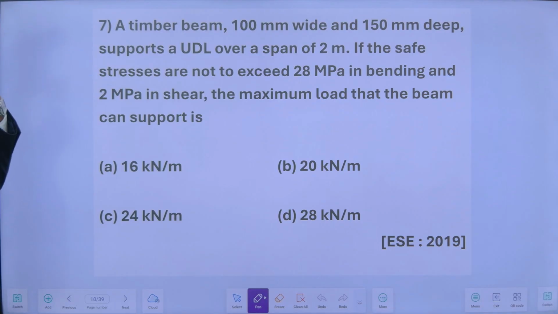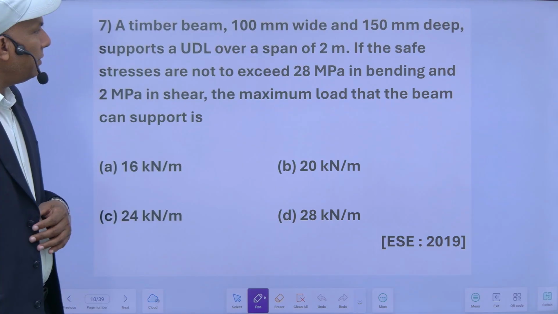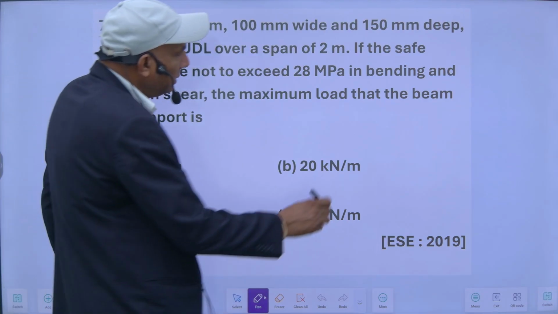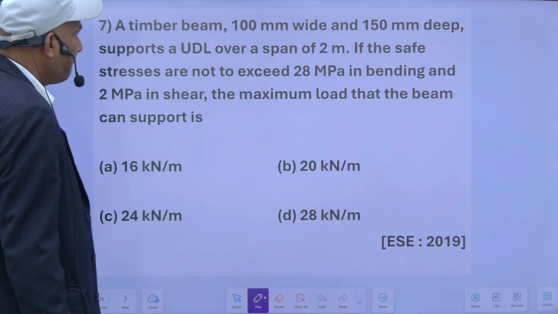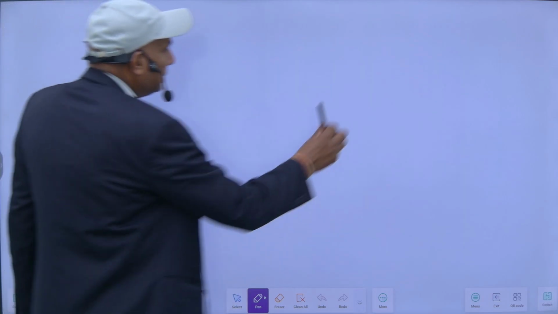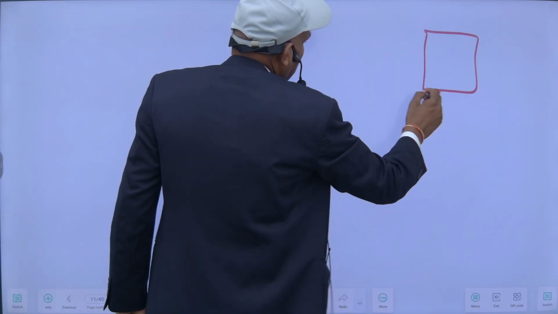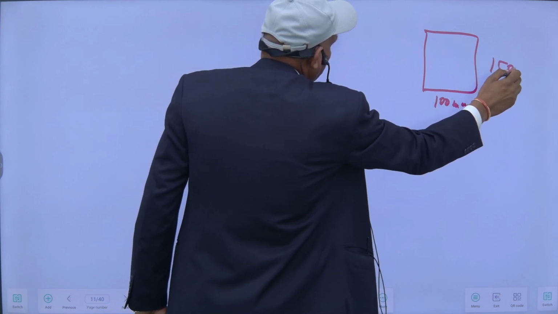Now a timber beam of 100 mm wide and 150 mm deep supports a UDL over a span of 2 meter. So it's like this. This is 100 mm. This is 150 mm.